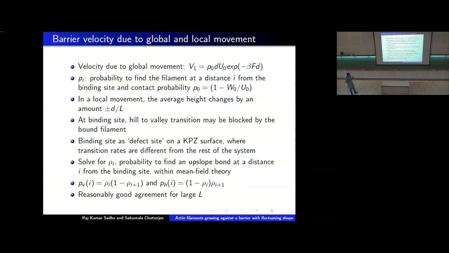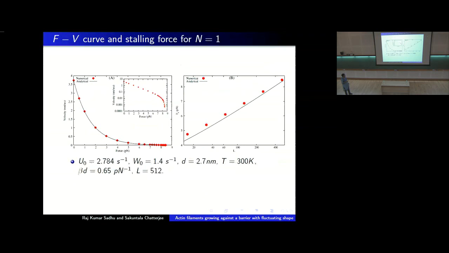Then we can solve this problem and calculate the average height profile for the surface, and also the probability to find a valley and a hill at a particular distance i from the defect site. Then we can use it to calculate the final velocity. And as you see here, it matches quite well with our numerics, particularly for large L.